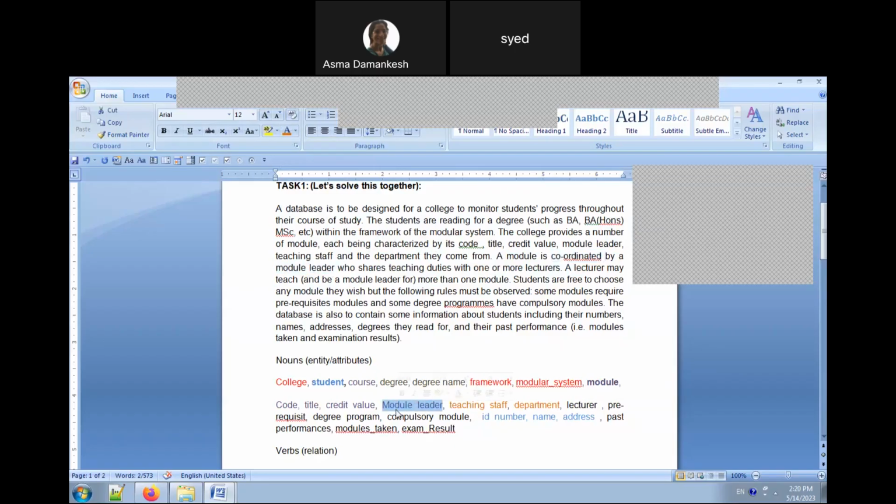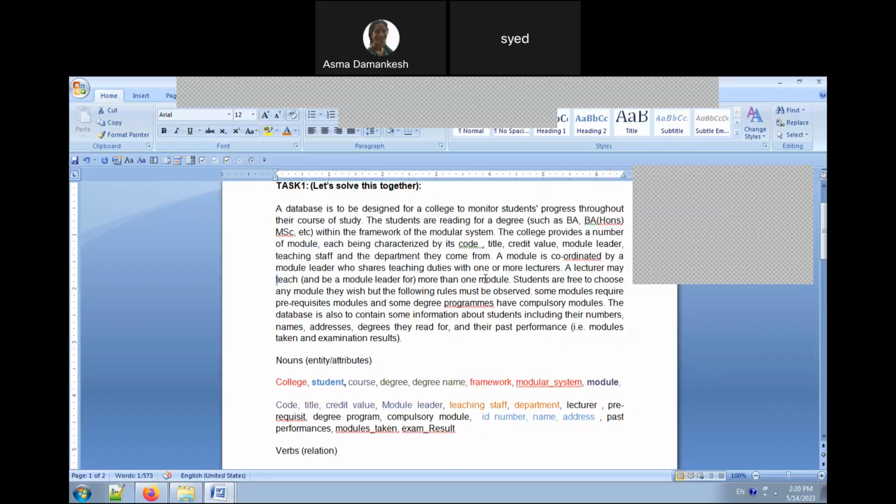Is it confusing? That part was a bit confusing, yeah. Okay. Remember what we said. If we consider something to be an attribute, how do we know it's not an attribute? One is when it is explained further with another attribute, like the teaching staff, right? It says the teaching staff and the department they come from.